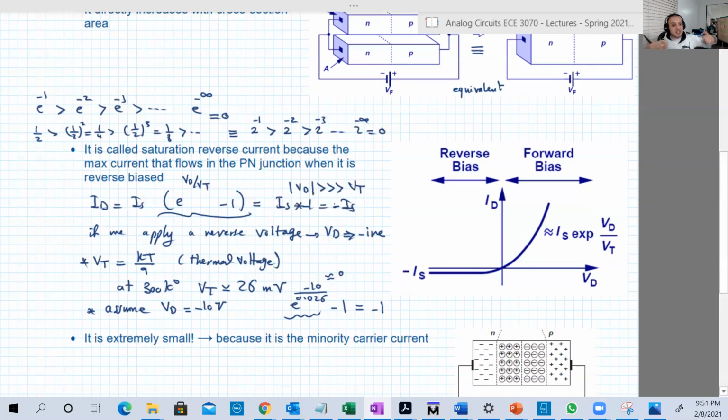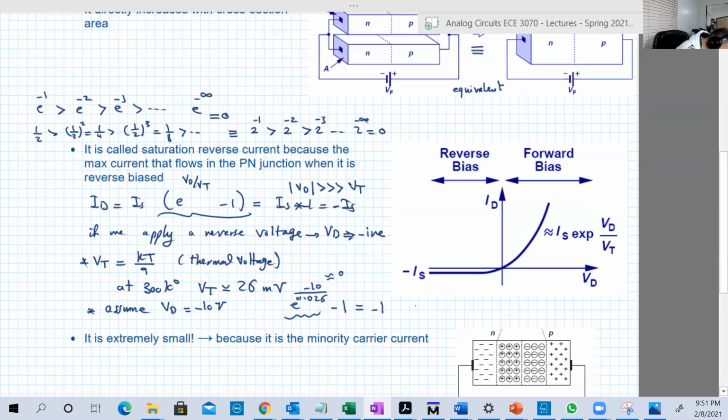So under reverse condition, the current that will flow most of the time, when VD is much greater than VT, which is most of the time, will be minus IS.